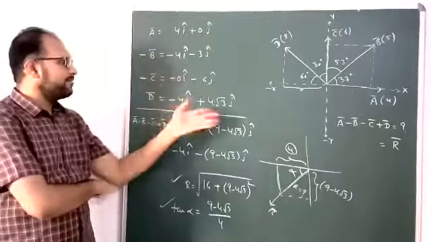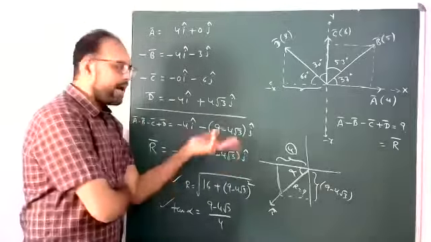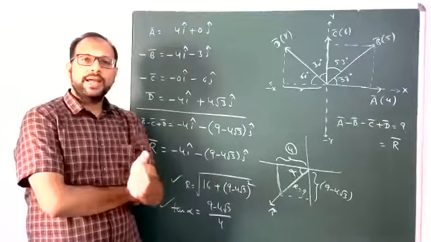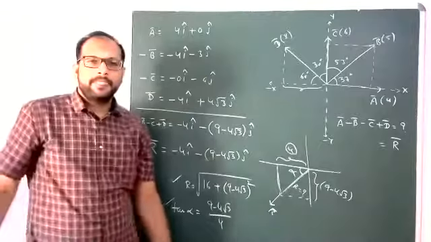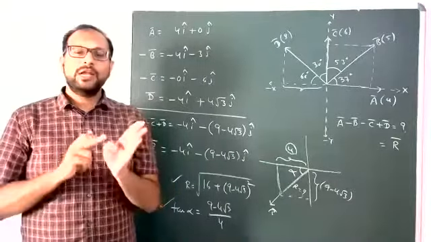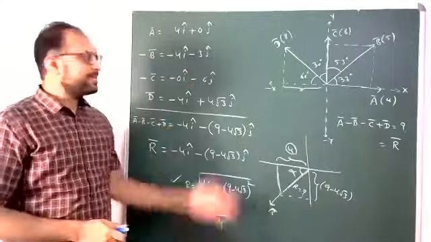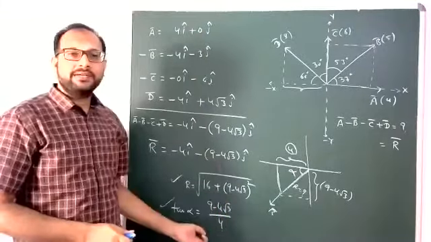Then according to the given problem, you do the operation: plus is addition, minus means subtraction. So now students are ready to solve any type of problem on addition and subtraction, because addition and subtraction are both very similar.